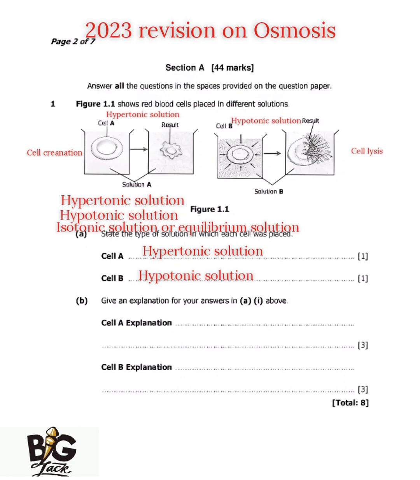Let's answer the last one, which is question B. It says, give an explanation for your answers in A above. First, cell A explanation.